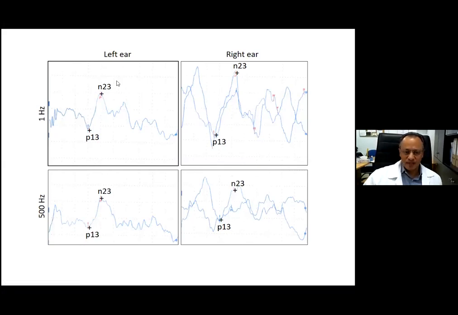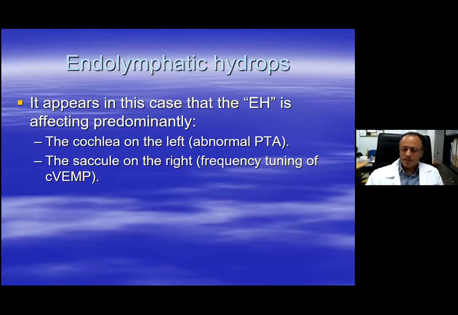So this is the left ear, and this is the right ear, 1 kilohertz and 500 hertz. And instead of seeing a larger amplitude on the left, where the pure tone audiogram was abnormal, I saw a frequency tuning on the right. Very interesting. I haven't seen anything published similar to this, and I hope to publish this case soon.